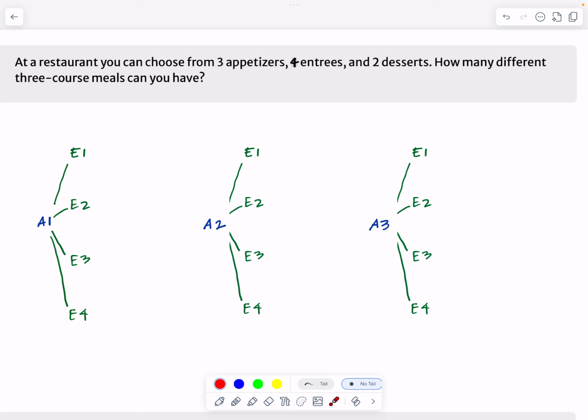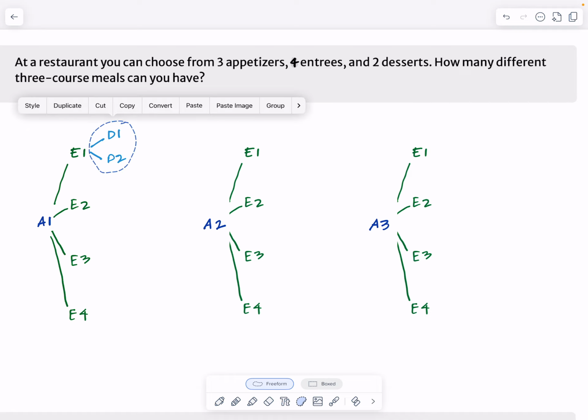So now we're going to add another level to that because that's not the only thing that we're choosing. We're also going to choose a dessert, and we have two different desserts that we can choose from. So let's call those dessert number one and dessert number two, right? And if I order the first appetizer and the first entree, now I have two choices for that dessert.